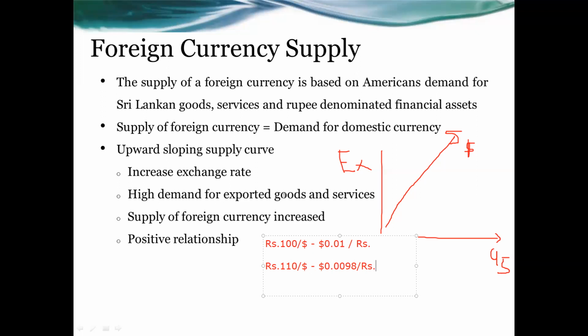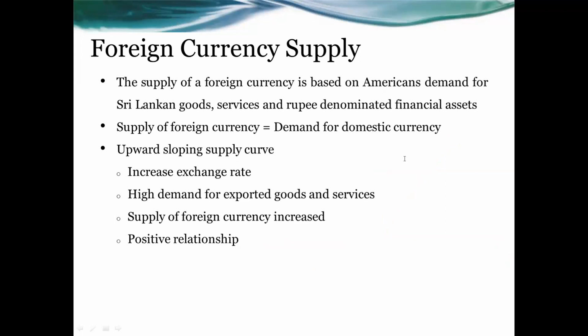That is why there is a positive relationship between the exchange rate and the quantity supplied of foreign currency. Now you understand the reason for the negative relationship between the exchange rate and foreign currency demand. There is a positive relationship between the exchange rate and foreign currency supply.